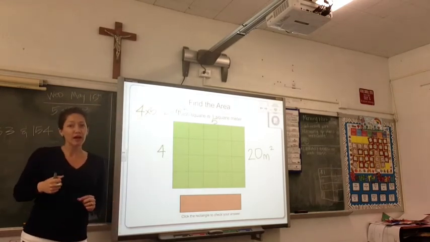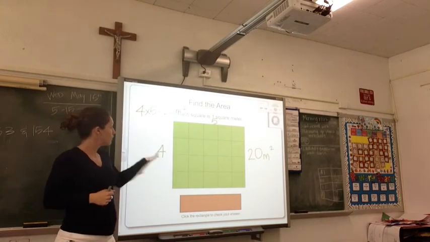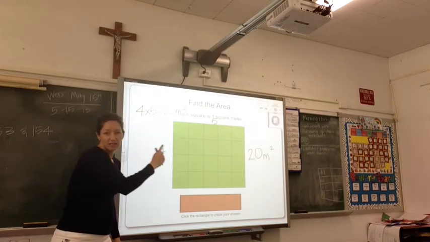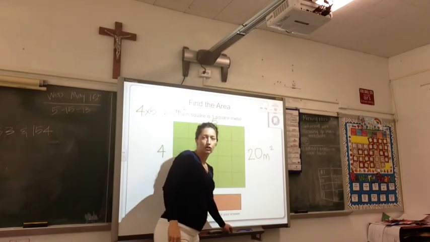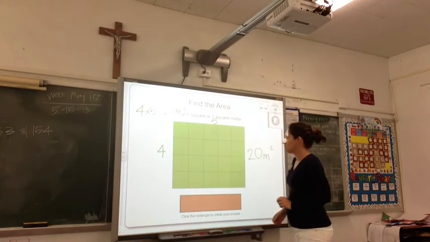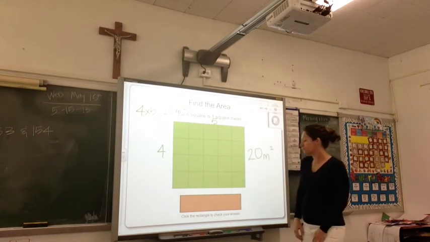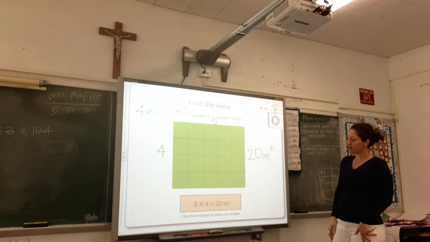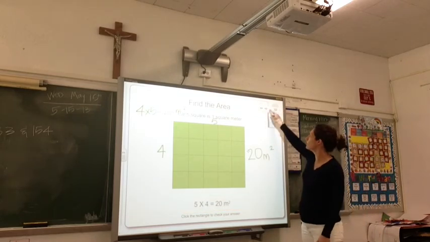It's a little bit quicker to look at the sides and figure out 4 times 5 equals 20 than it is to count up the inside. So once you get the hang of it, you might try multiplying the length times the width. Let's see if we're right. 4 times 5, or 5 times 4, equals 20 meters squared, or 20 square meters.